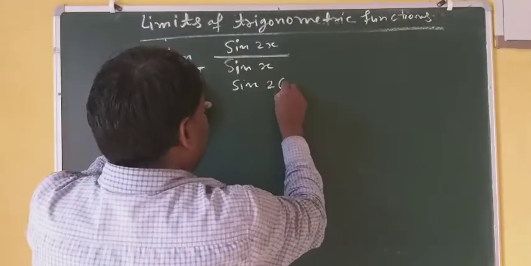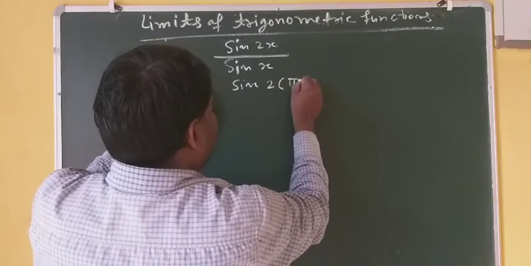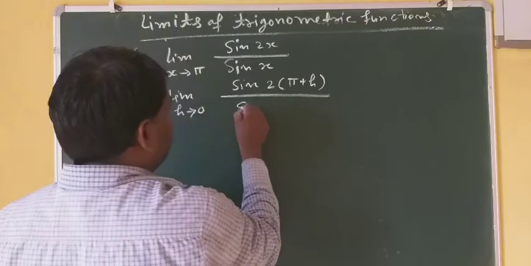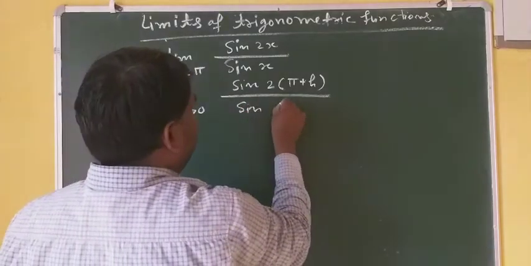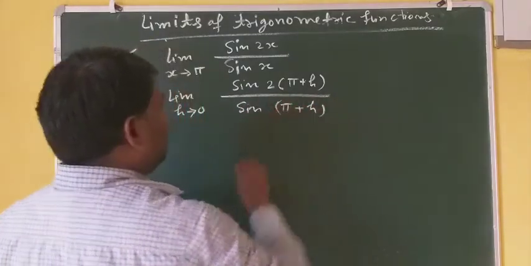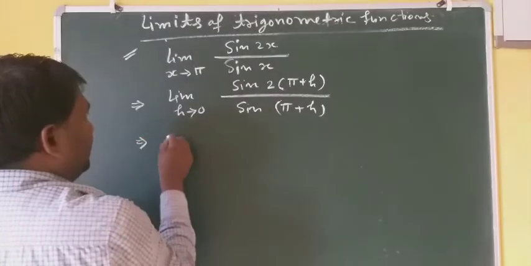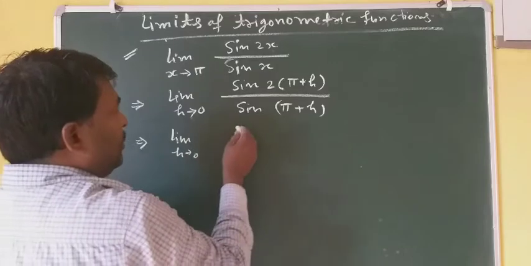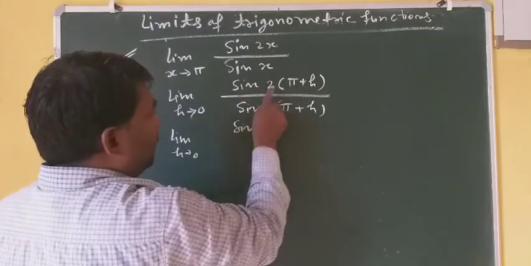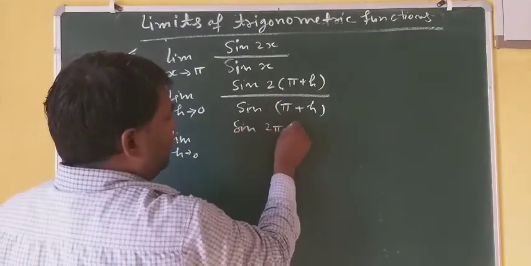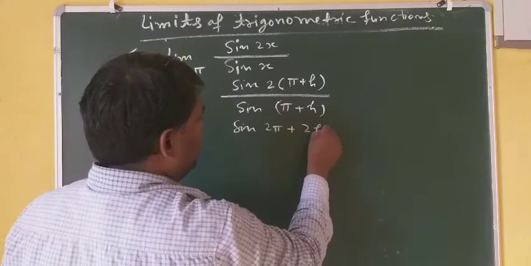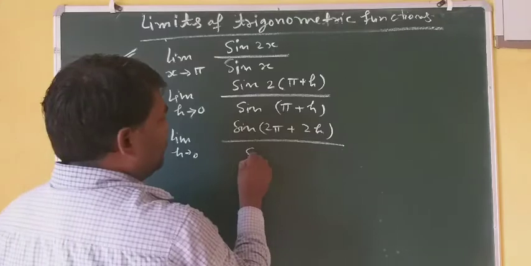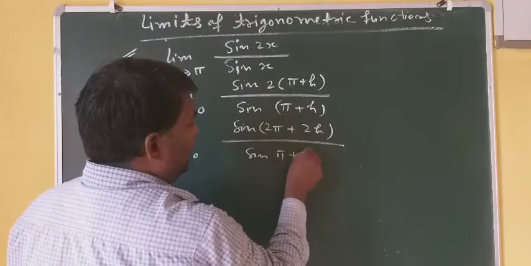So 2 in place of x, pi plus h, divided by sin of pi plus h. It implies limit h tends to 0 of sin(2 pi plus 2h) upon sin(pi plus h).